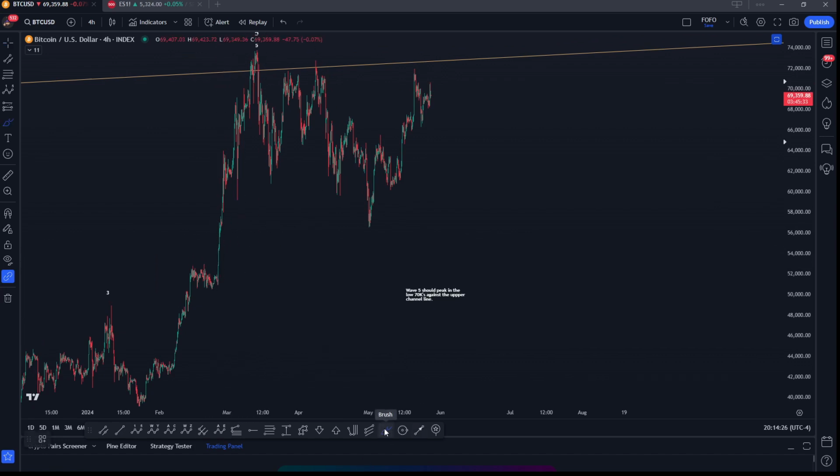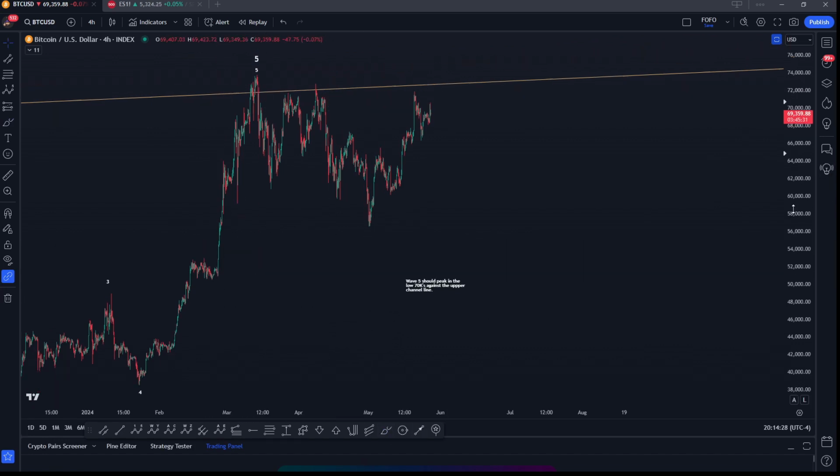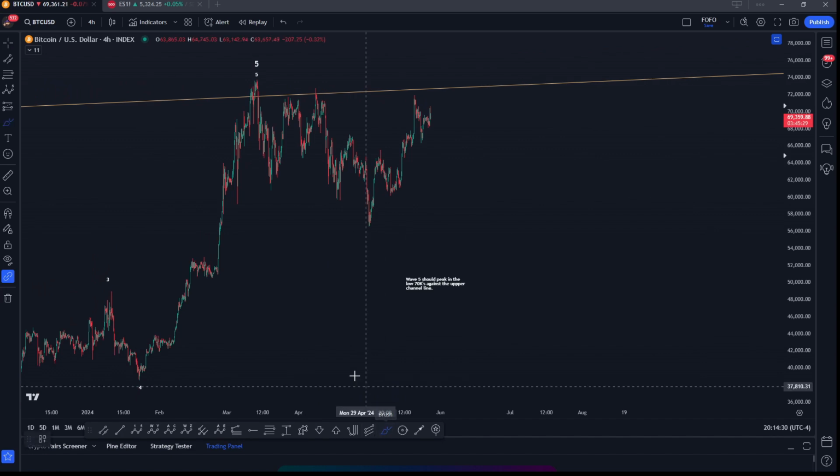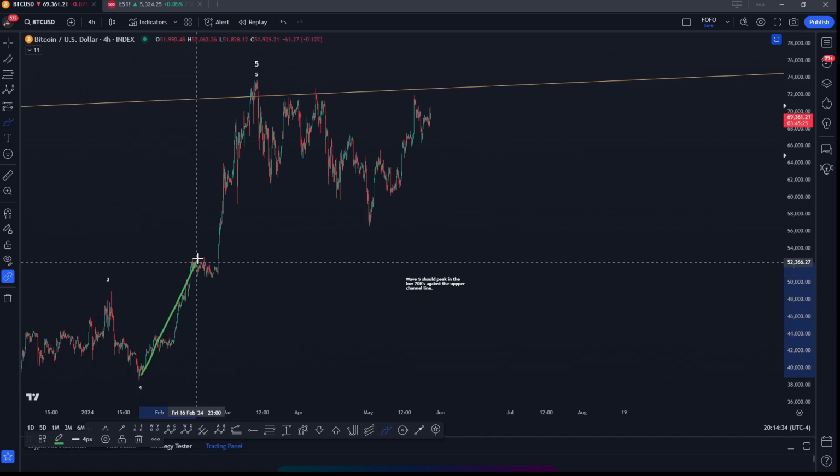Well, first of all, if you're just talking about just this impulse here, then your guideline, you have an extension, you're looking for the second one, right? Here's a 4 and here's a 4.